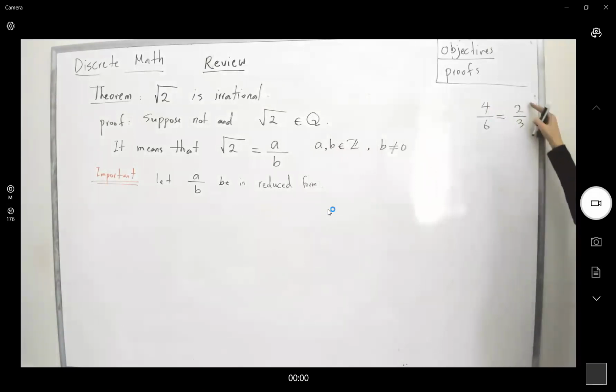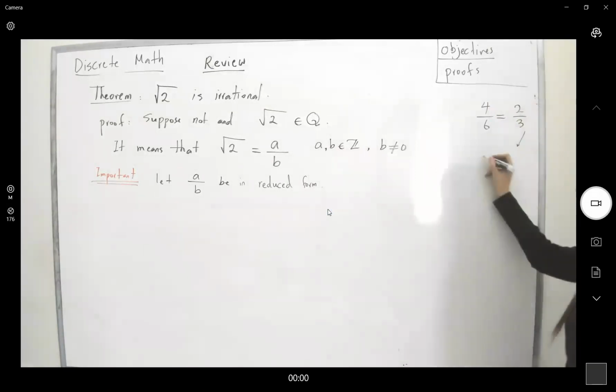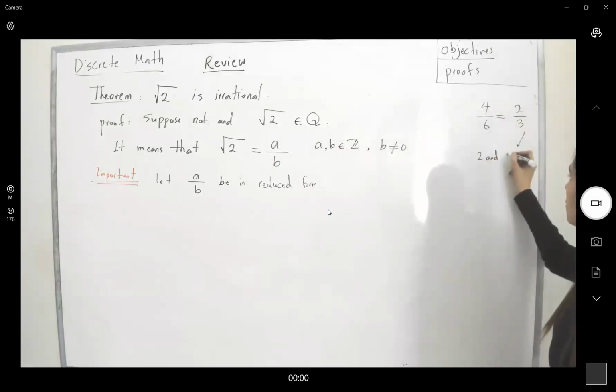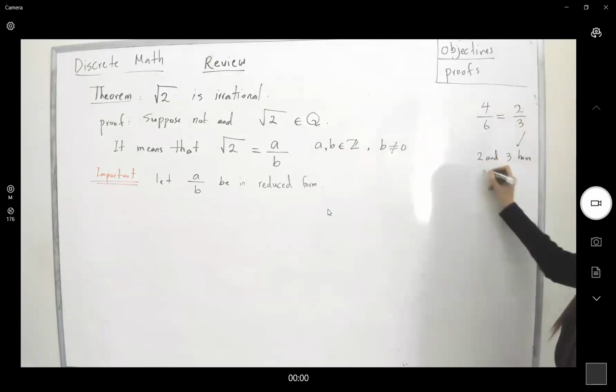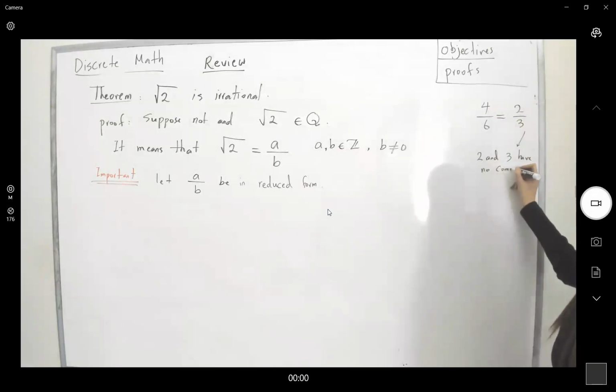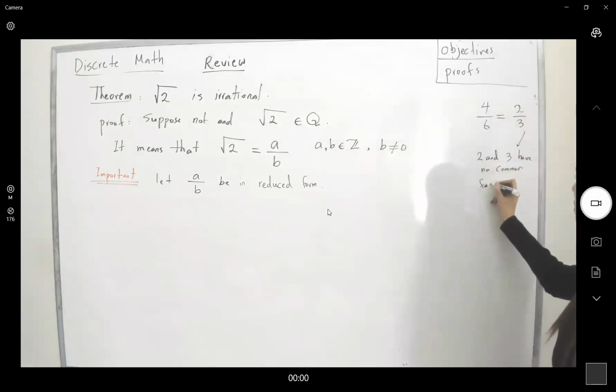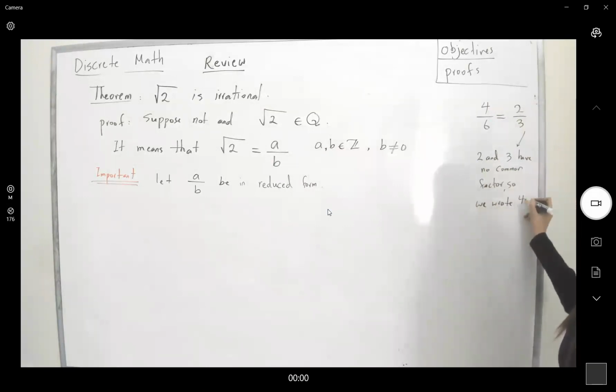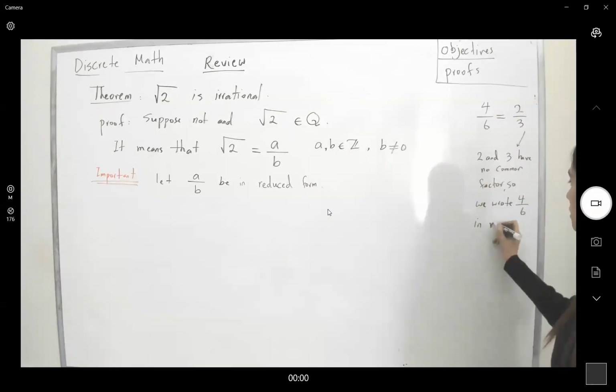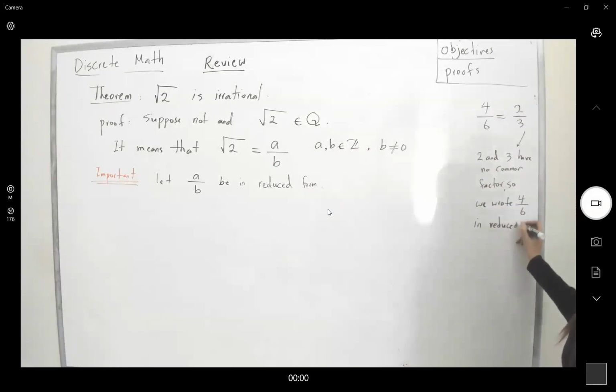They don't have any common factor. 2 and 3 have no common factor. So we wrote 4/6 in a reduced form, 2/3.